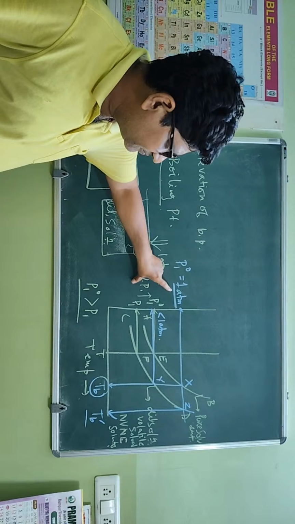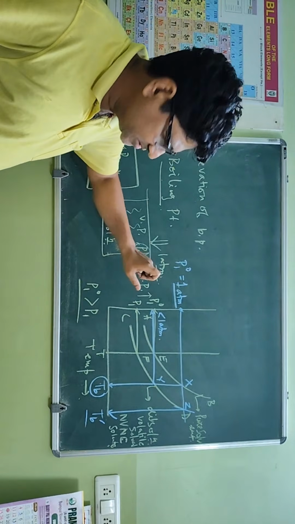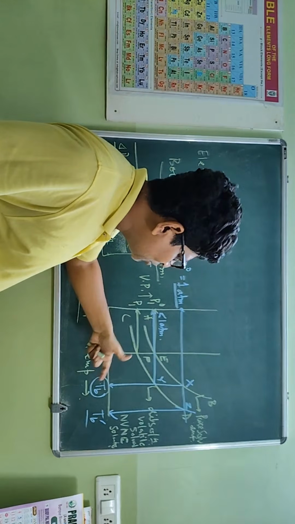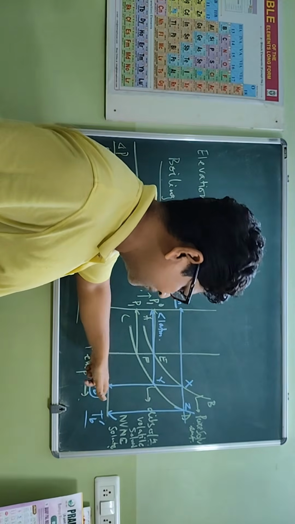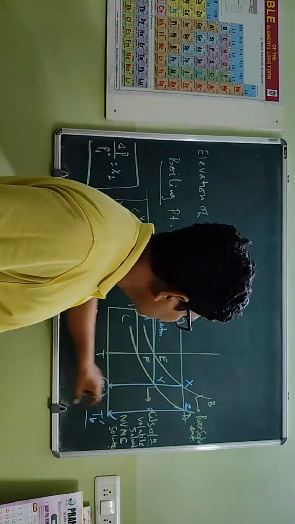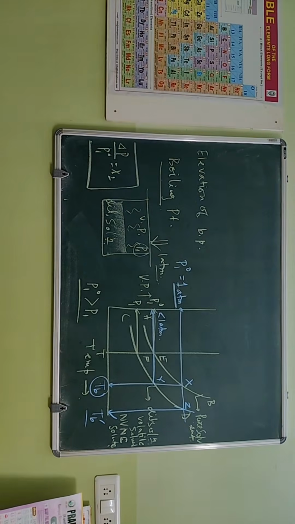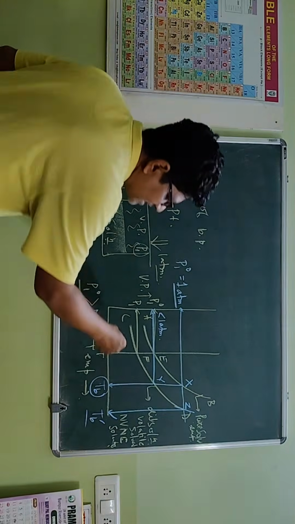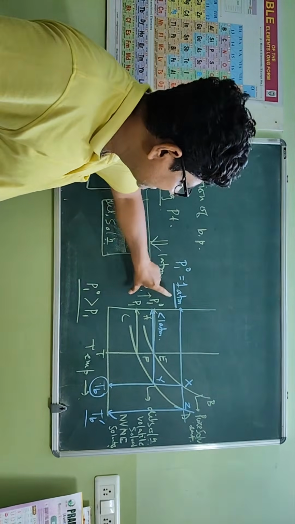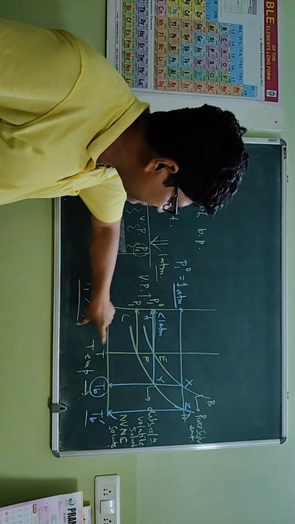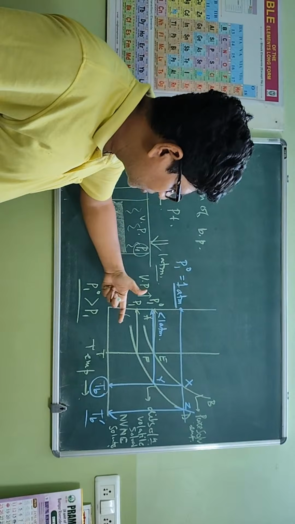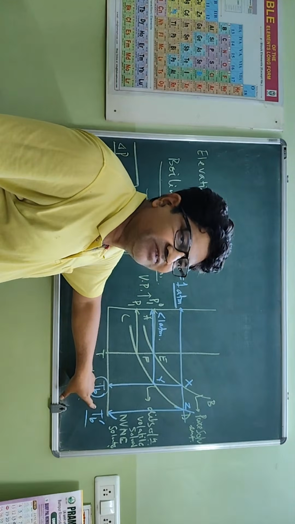So this vapor pressure versus temperature graph gives us a clue that the boiling point of dilute solution having non-volatile and non-electrolyte solute is elevated.